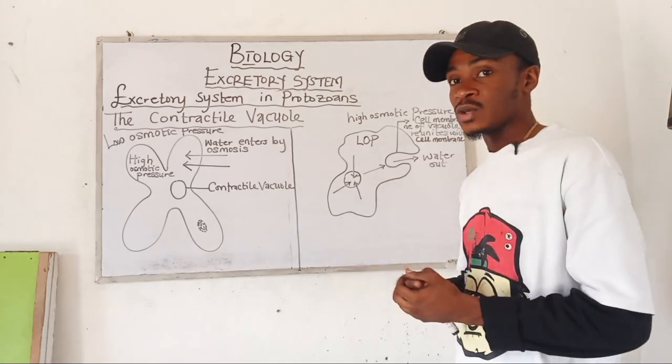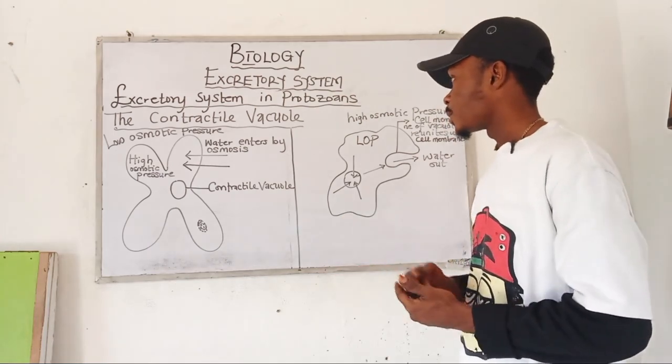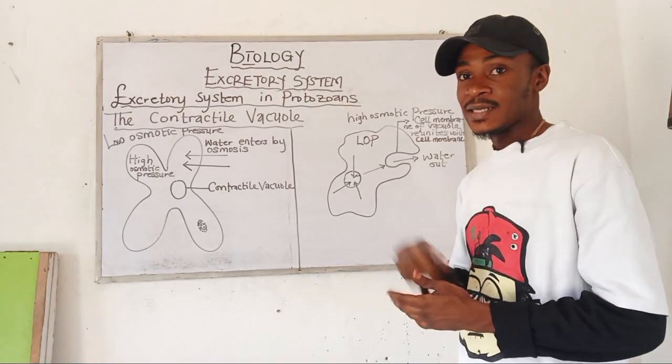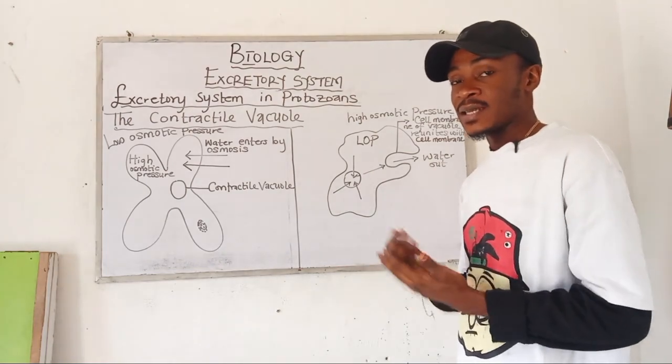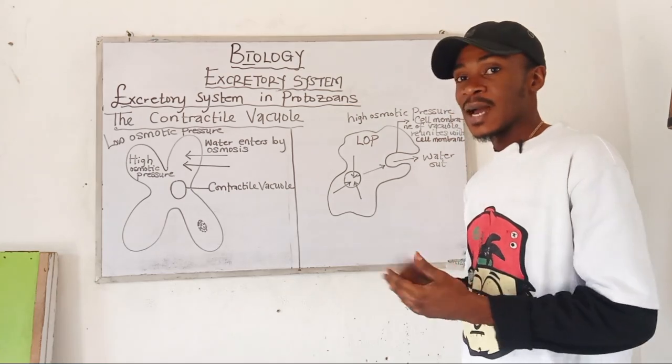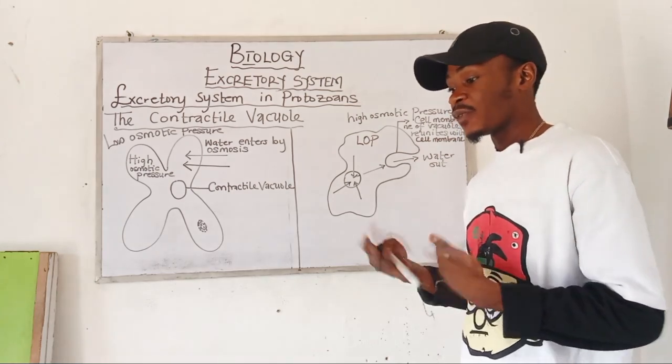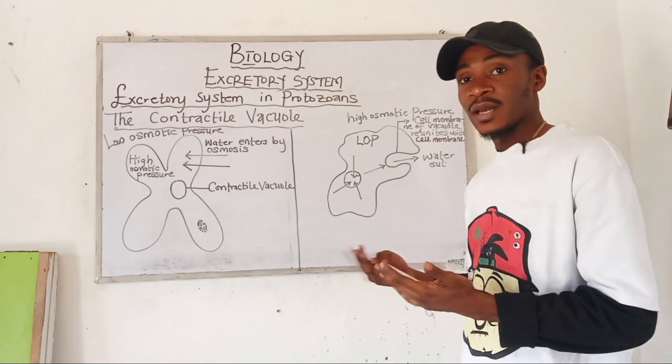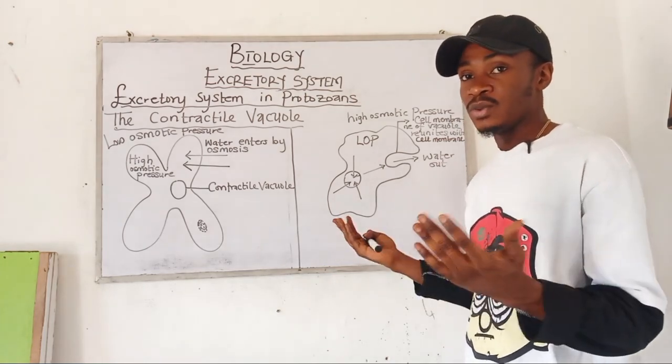Carbon dioxide is also a waste product in protozoans like this. It is expelled alongside the excess water, and the expulsion of ammonia and carbon dioxide happens through simple diffusion.